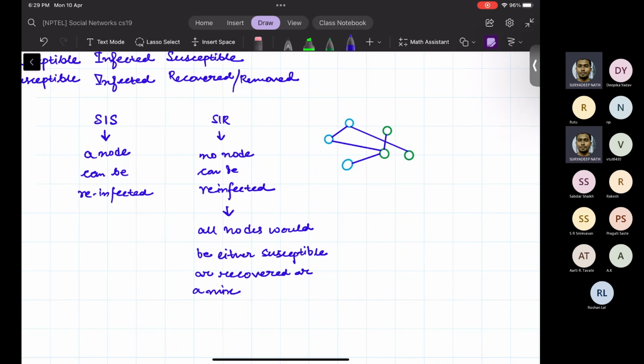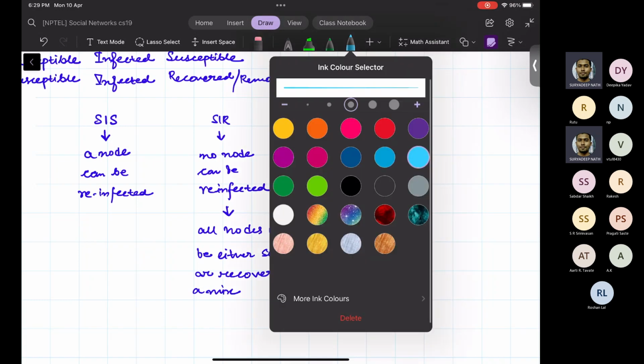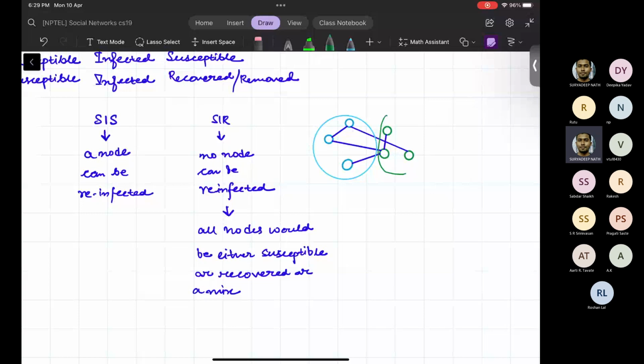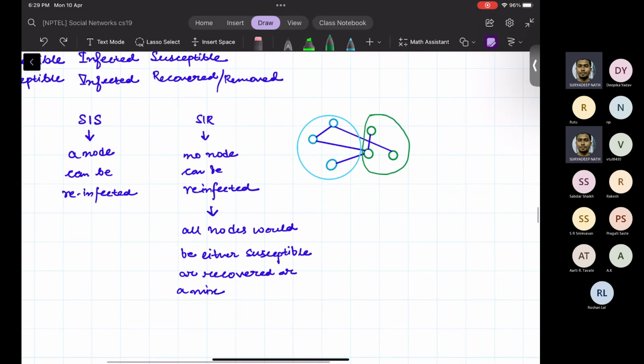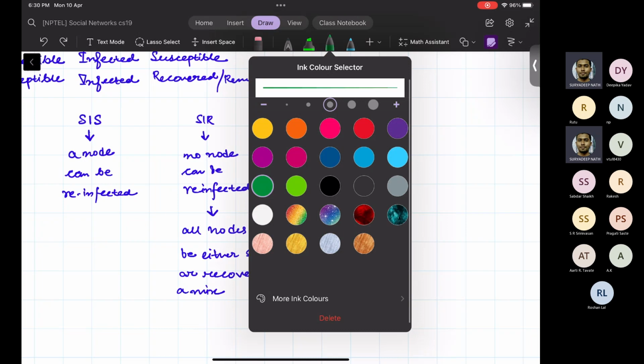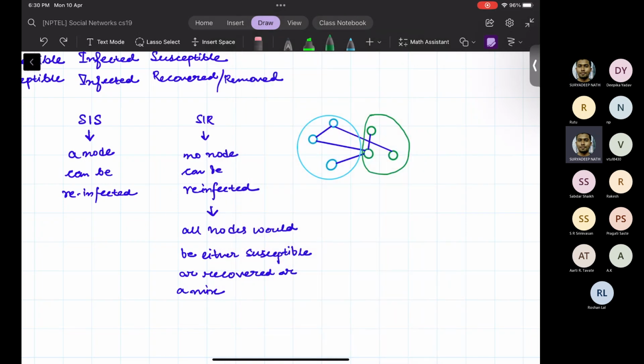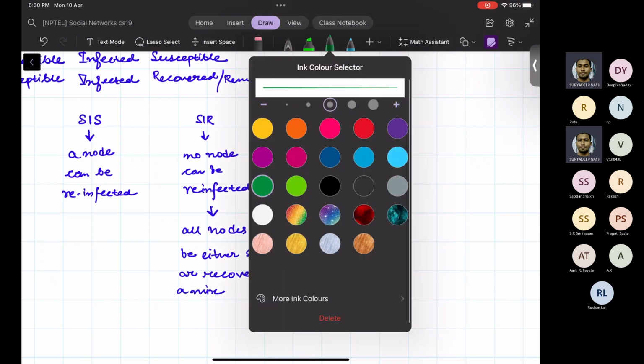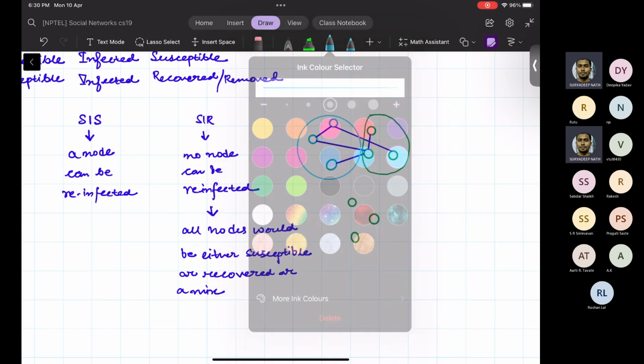Eventually it would lead to such a partition where there are susceptible nodes and recovered nodes.